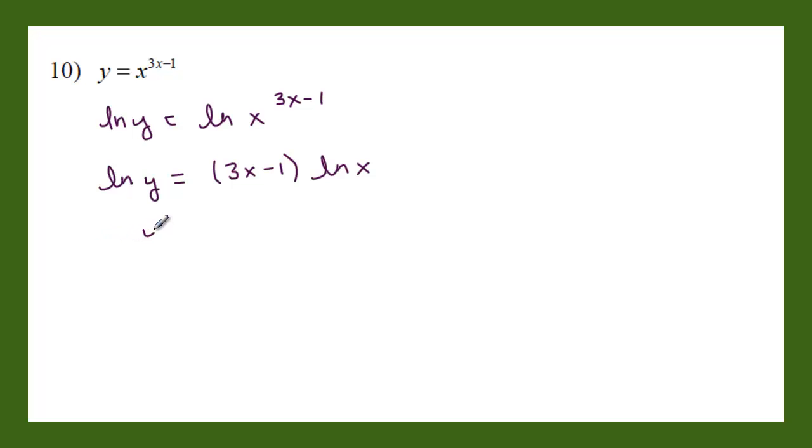So left-hand side we just get y prime over y. Right-hand side we need the derivative of our first function, which is just 3 times natural log of x plus first function, which is 3x minus 1, times the derivative for natural log of x, which is just 1 over x.